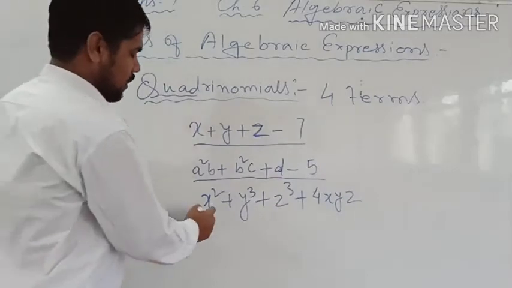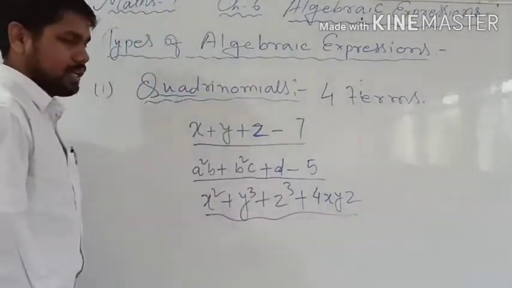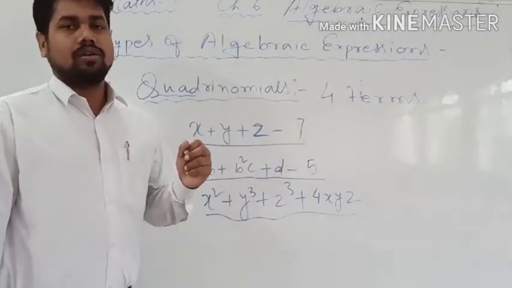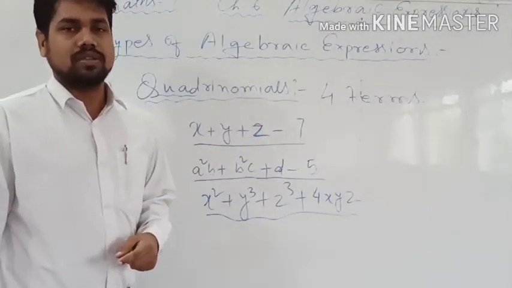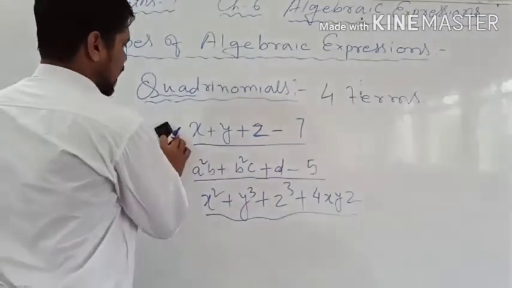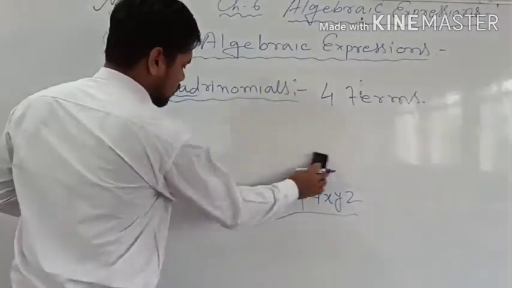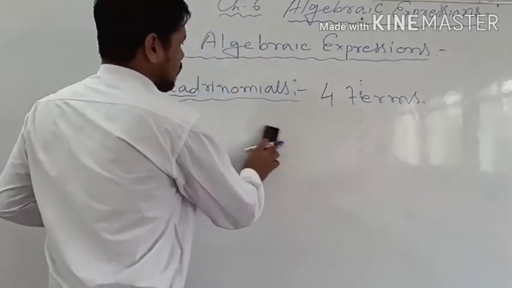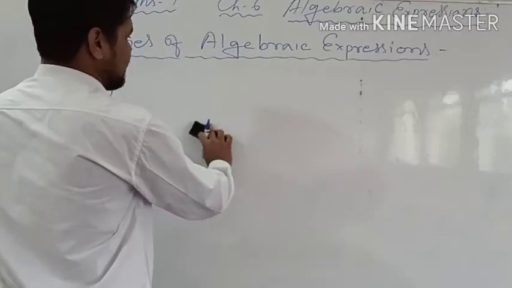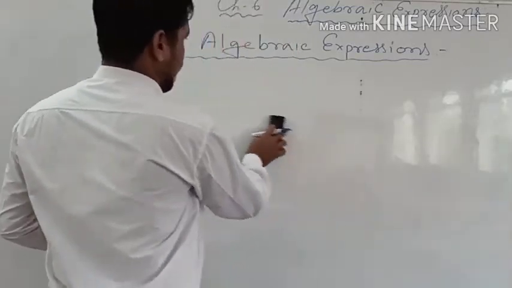So that is why this is also quadrinomials. So monomials one term, binomials two terms, then trinomials three terms and quadrinomials four terms. So these are all about the various kinds of algebraic expressions.